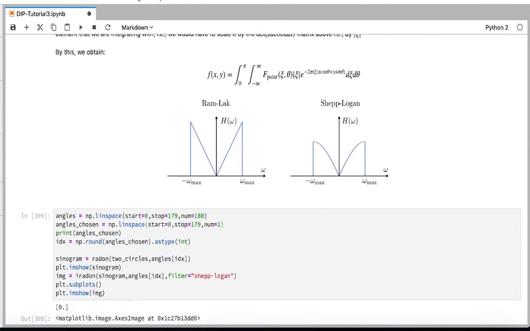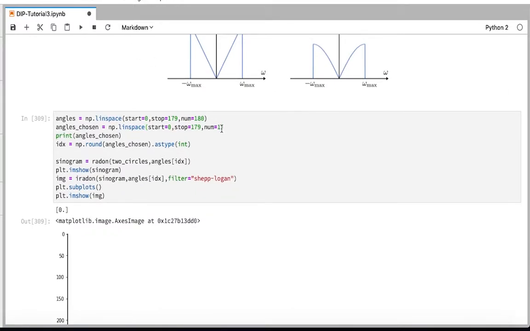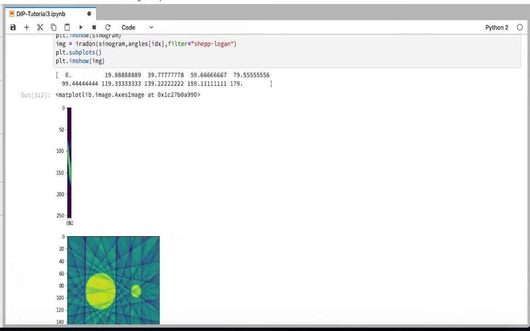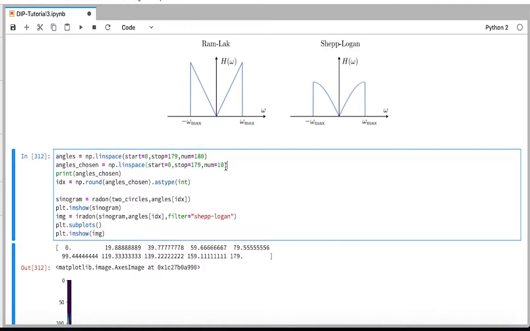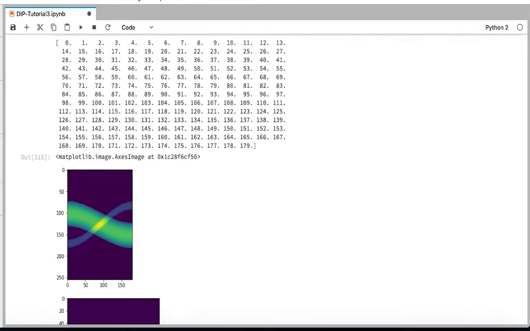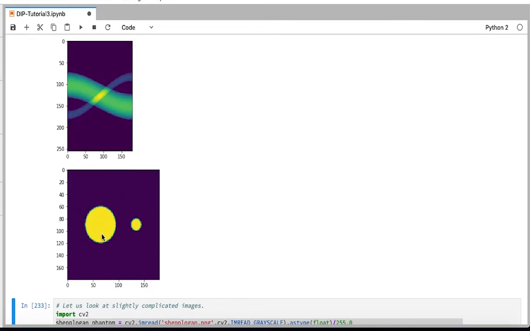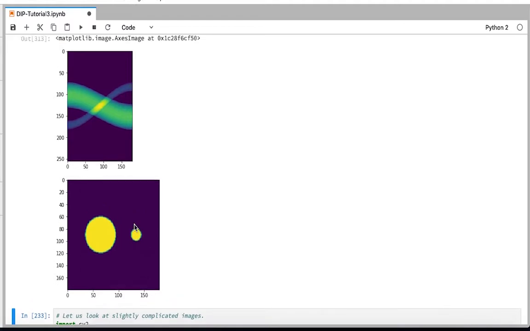Yeah, okay, and here you see it doesn't spill. The edges are more sharp, and the energy is not spilling out towards the outside. And obviously if we make it 180, you can see it more clearly. You see that this is better reconstructed than before.